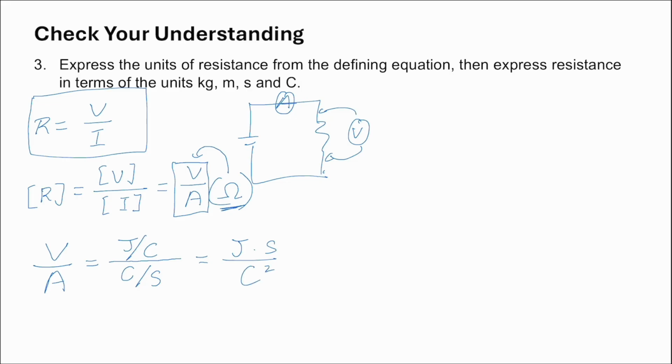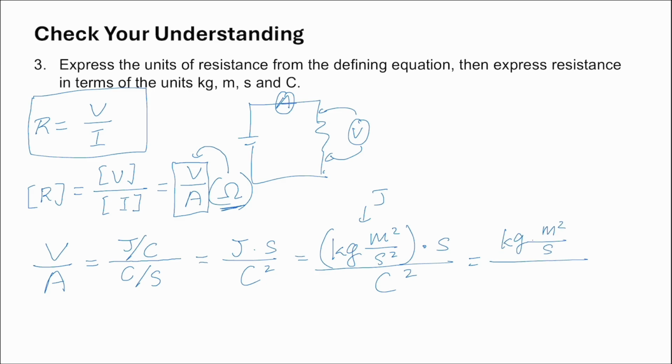And you will remember joule itself is kg meter square over second square. So you multiply second over coulomb square, and you get kg meter square over second over C square.